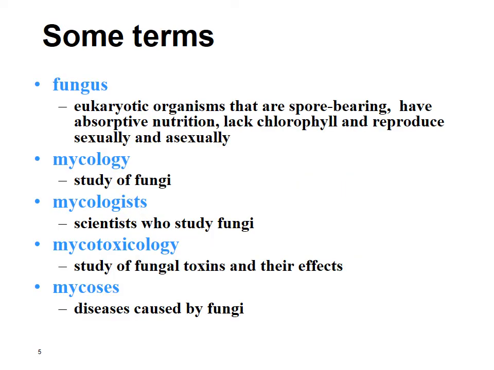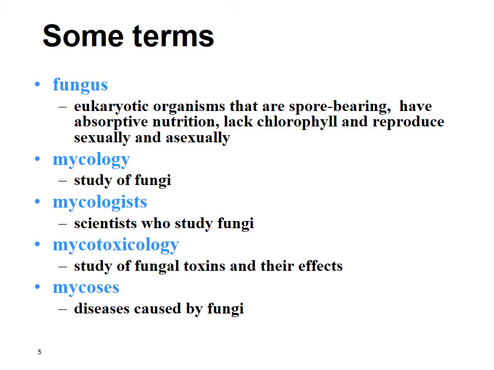Here's a slightly different version of that definition. Fungi are eukaryotic organisms that are spore-bearing, have absorptive nutrition, lack chlorophyll, and reproduce sexually and asexually. And you'll note the inclusion of lack chlorophyll.